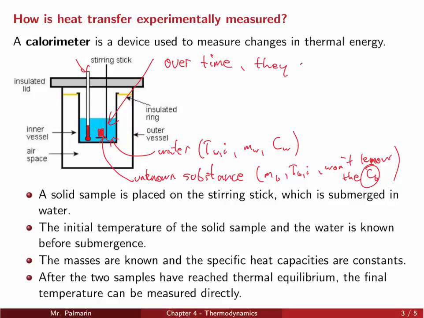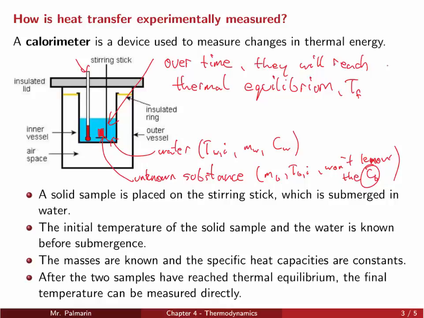They will reach thermal equilibrium. And that's basically TF. So your final temperature is when they reach equilibrium. That's when all the energy that's possible has been transferred from one object to another.